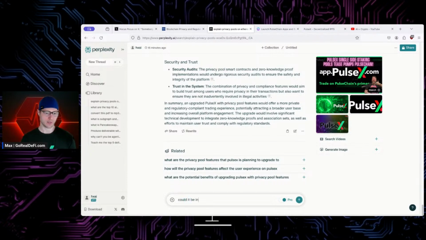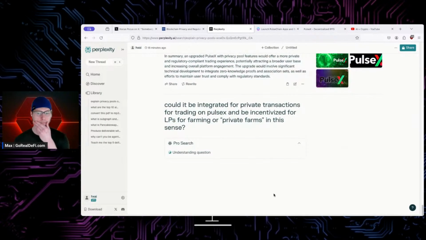Could it be integrated for private transactions for trading on PulseX and be incentivized for LPs for farming or private farms in this sense?